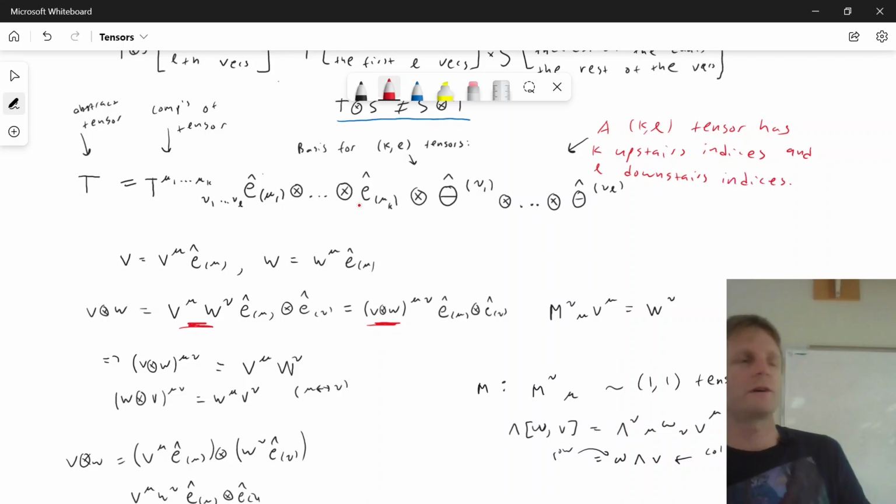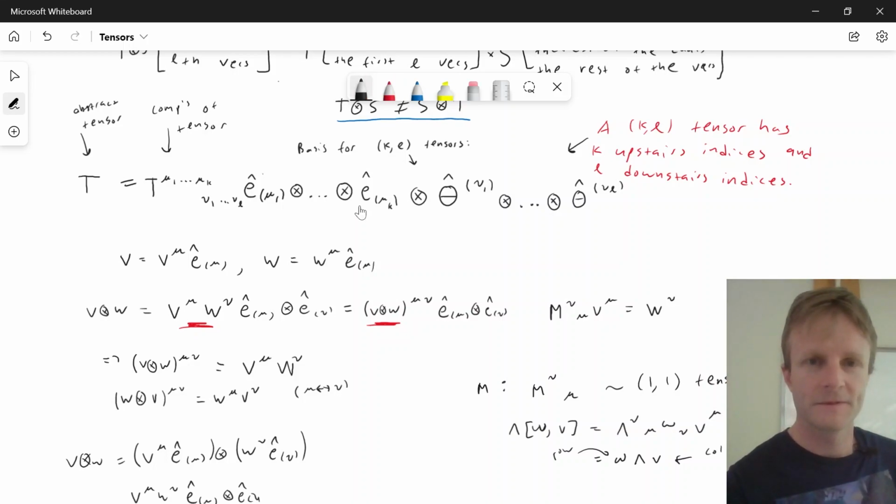And honestly, if all you remember from all this stuff is this fact, you'll be okay with tensors. It's not so bad, right? Just have to be able to manipulate them.